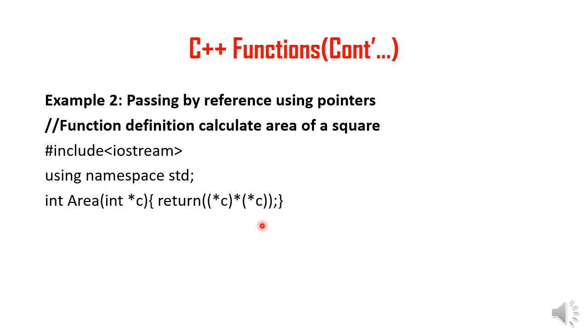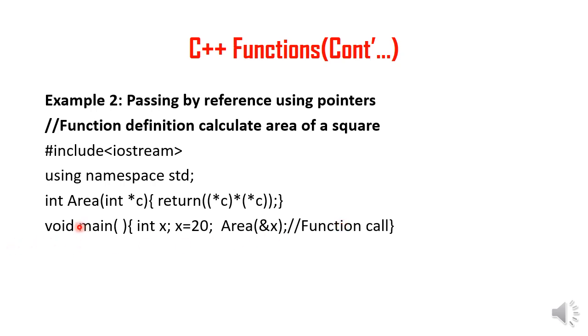After defining this function, we are going to get inside the main function, because each C++ program must have a main function, and we call a function so that it is given the values that it will use to calculate the area of the square.